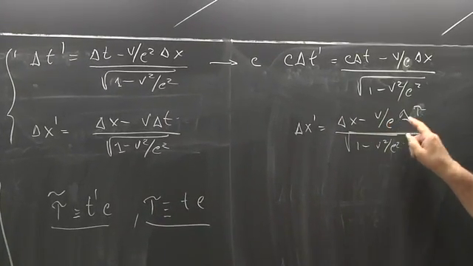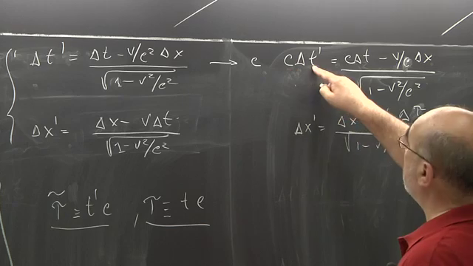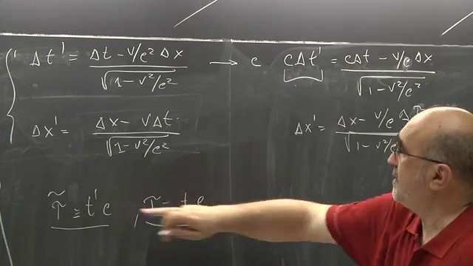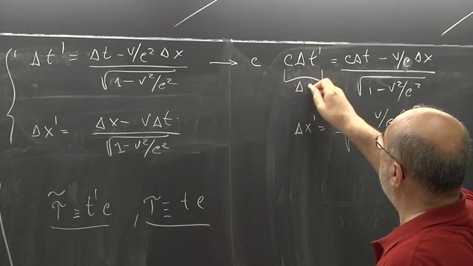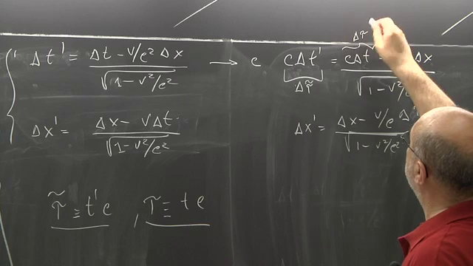So delta x minus v/c delta tau, divided by this. Here I can now put this object from this definition: this object is delta tau tilde, and this object is delta tau.